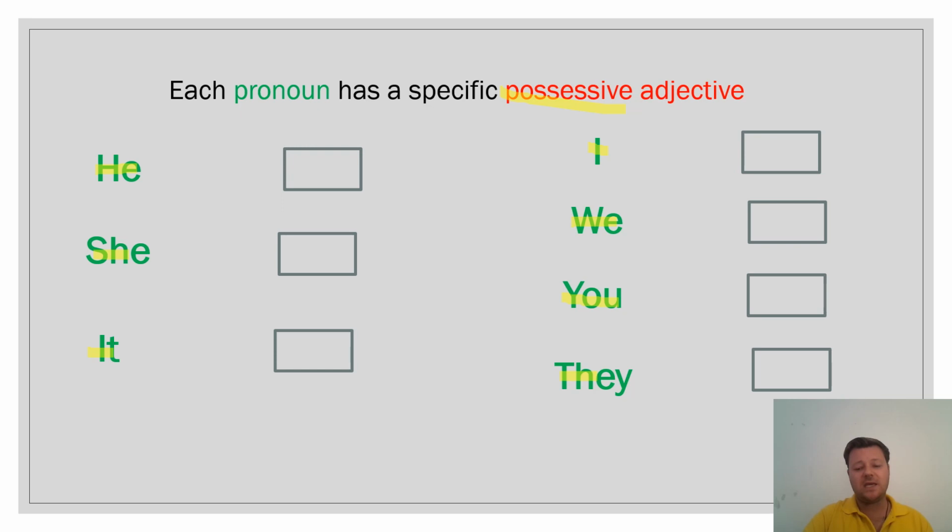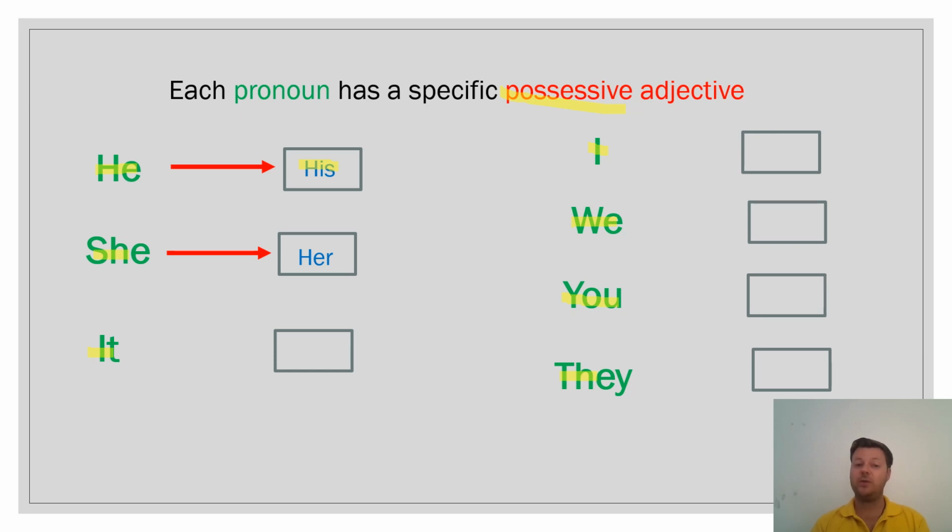Let's go back to he. When we use possessive adjectives and we talk about something that belongs to someone, we're going to say his. Can you say that with me? His eyeglasses. His pencil. She.